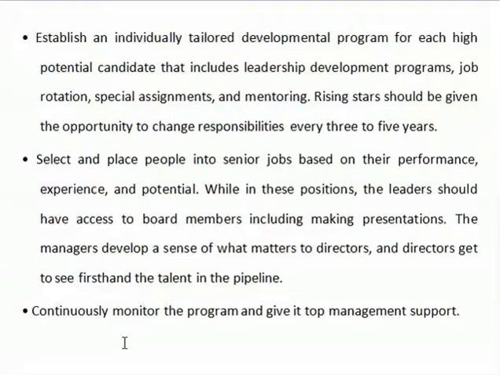Managers will develop a sense of what matters to the directors, and directors will get first-hand information about the talent and what that person has, and they will keep them in the pipeline to promote or not. Last, continuous monitoring should be done regarding the program, and information should be given to top management to support it.